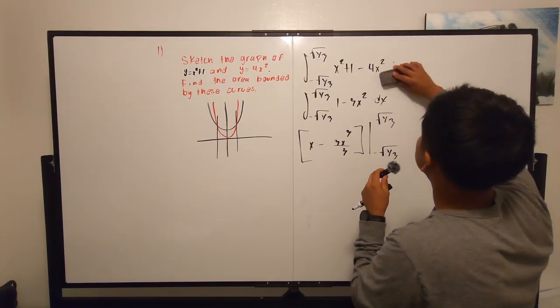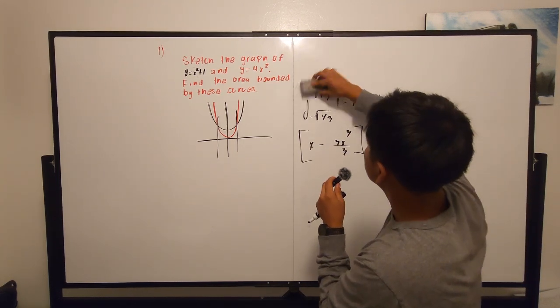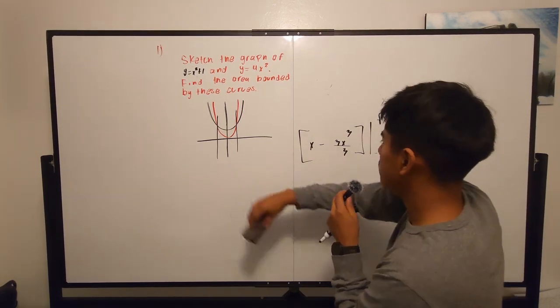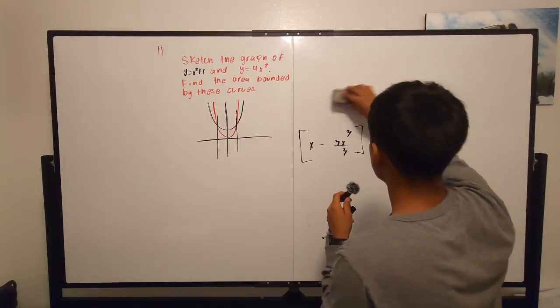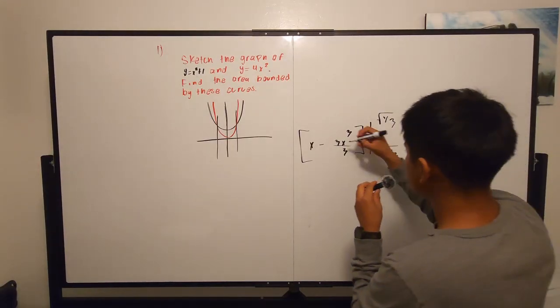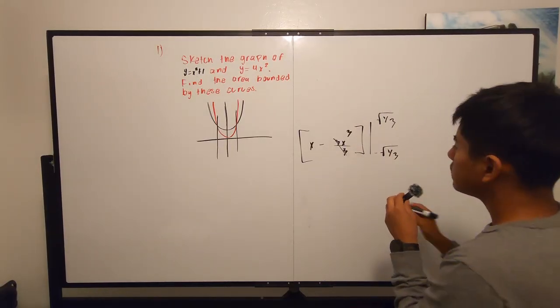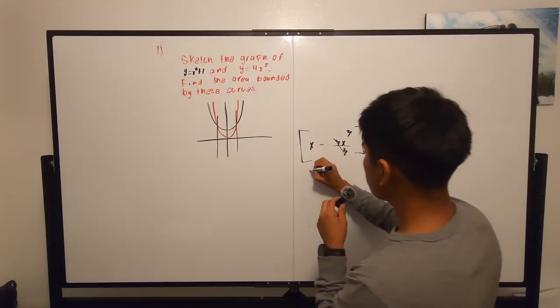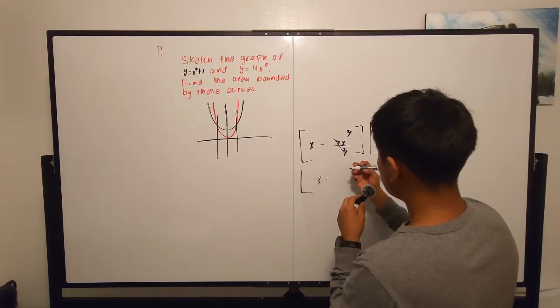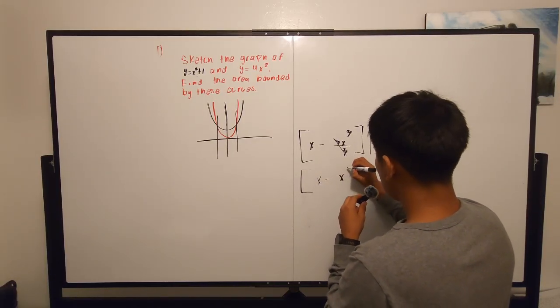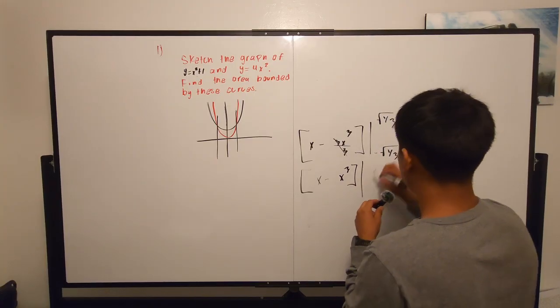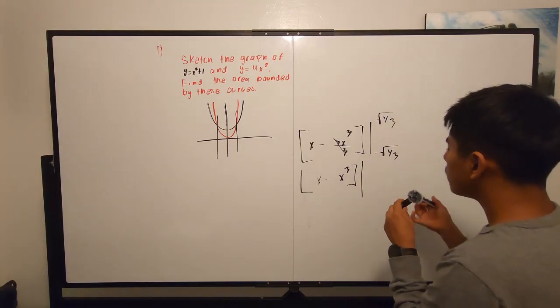I'm going to go ahead and erase this just so that I don't have to write down here. And if you'll notice, these guys cancel out. So now we're evaluating x minus x cubed from these bounds. So I'm just going to go ahead and write that already.